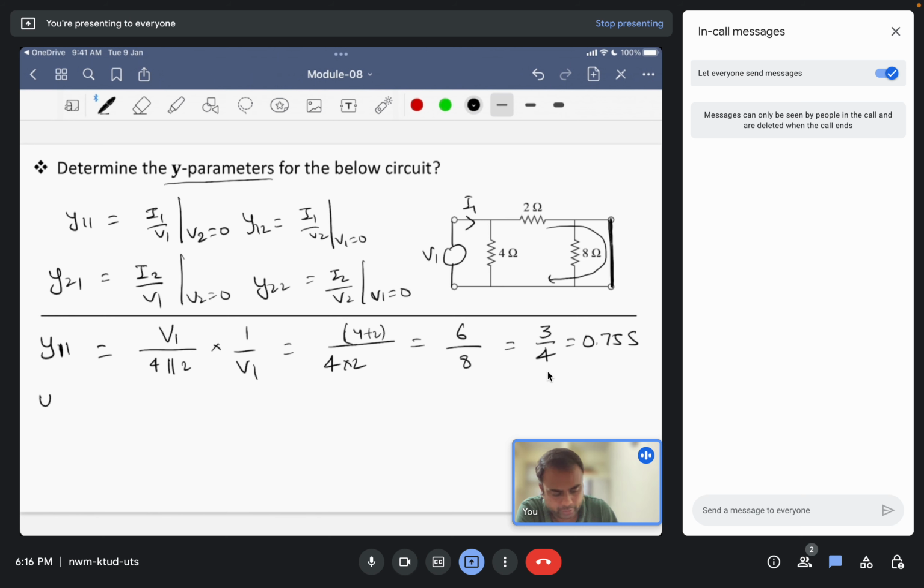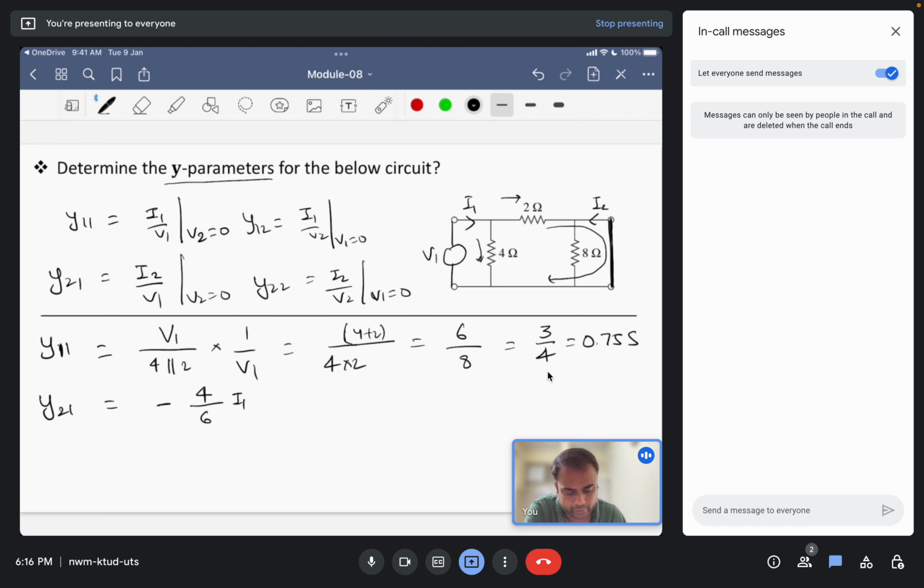Similarly, we'll calculate Y21. Y21 is I2 by V1, where this current is I2. We have to use the current division rule here. Some of the current I1 will move to this portion, and the other component will move to the 2 ohm resistor. The current passing through the 2 ohm resistor will be opposite to that of I2, so there will be a negative sign here. The current will be 4, the other resistor, divided by the sum of resistors, that is 6, times I1.